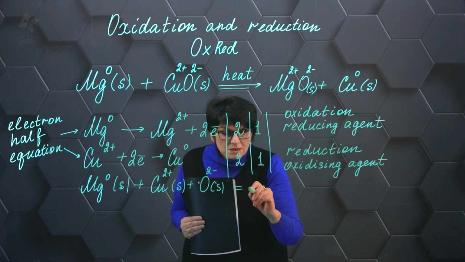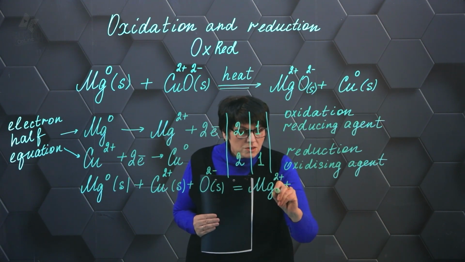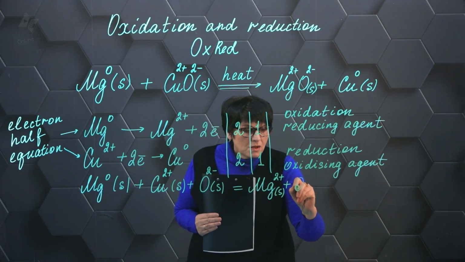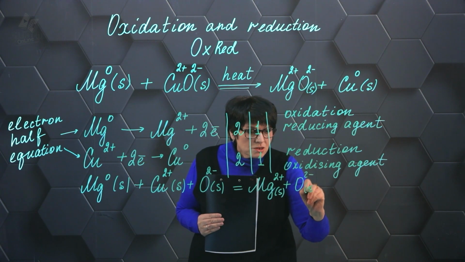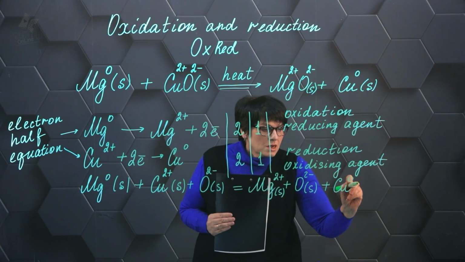And on the right-hand side, magnesium oxide will also behave. It will go into magnesium and oxygen, which is also solid, and you get copper, which is also solid.